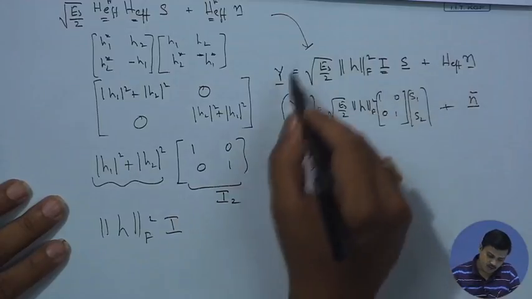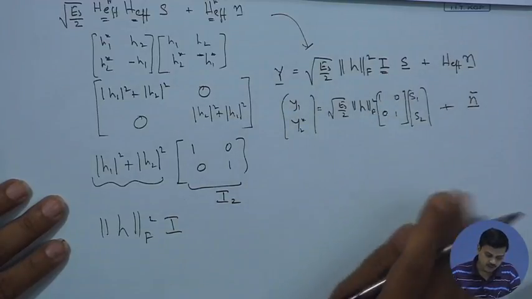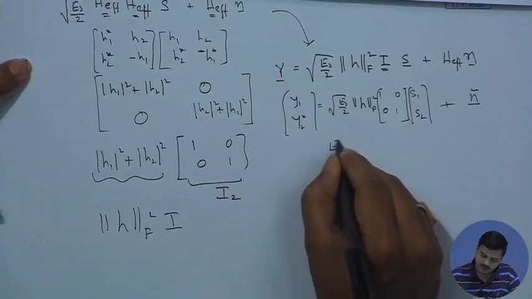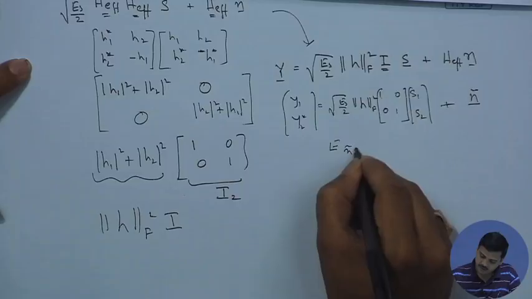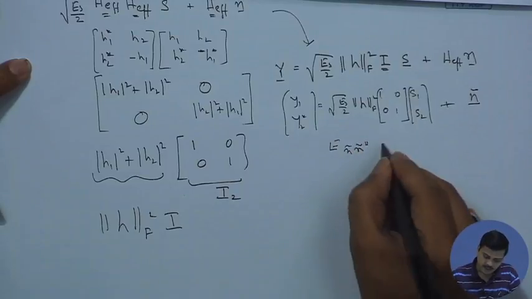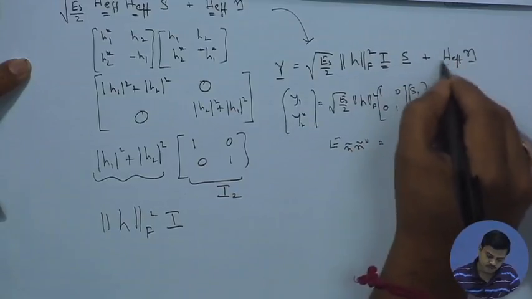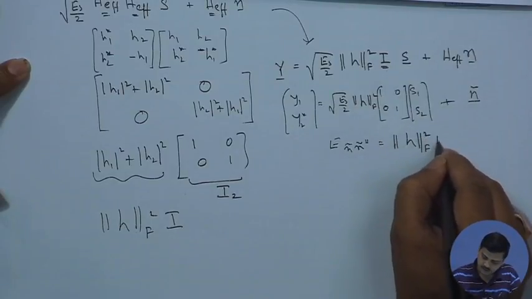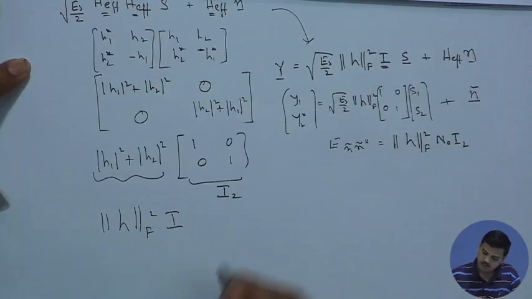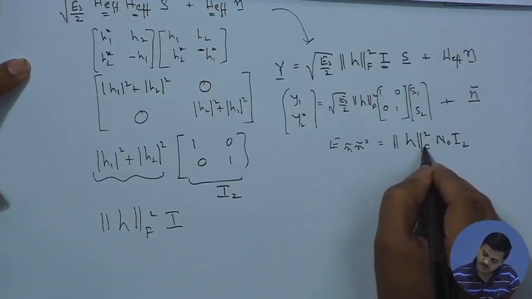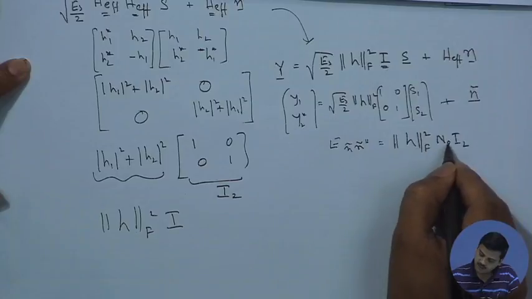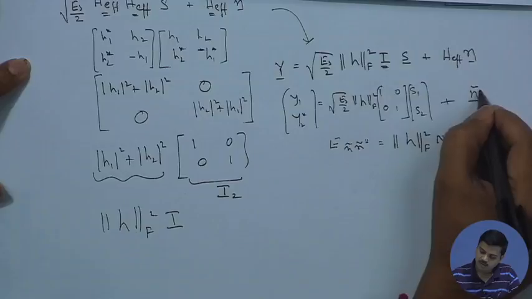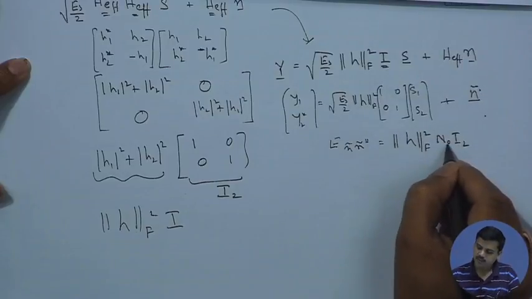And now we'd like to calculate the signal to noise ratio for this particular case. So we need to also calculate E of n tilde n tilde Hermitian, and from this we can clearly see it would turn out to be ||h||_F² N0 times I2. So that means here also we have this particular coefficient, N0 is the variance and I2 means it is an identity matrix. So each of the noise coefficients is ||h||_F² times N0.